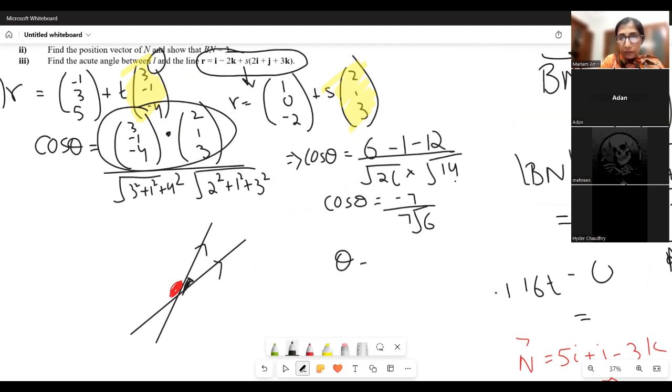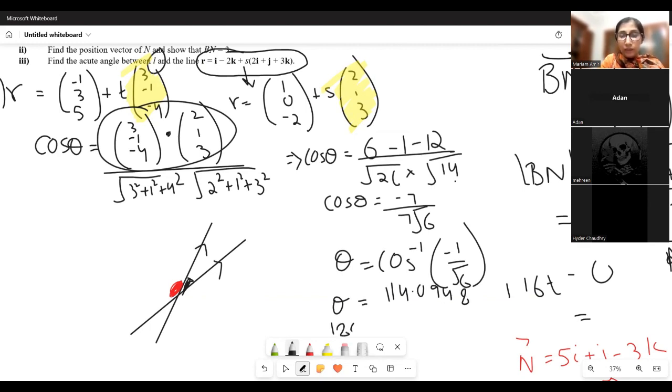So theta equals cos inverse of -1 by square root of 6. I hope there's no other mistake here. That is 114.0948. And when we subtract it from 180 to get the acute angle, we get 65.9, correct to 1 decimal place.